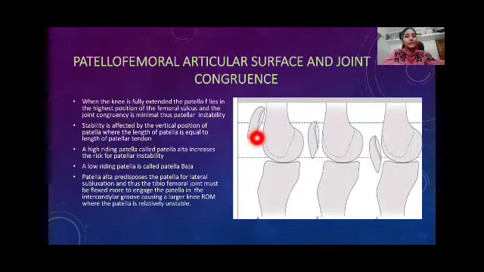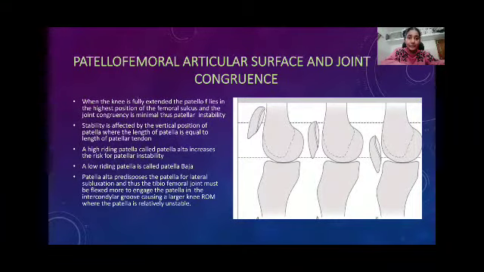Stability is affected by the vertical position of the patella, where the length of the patella is equal to the length of the patellar tendon. This is an index, the IS index, where the vertical height of the patella and the patellar tendon are in the ratio 1:1, which is stable and normal.